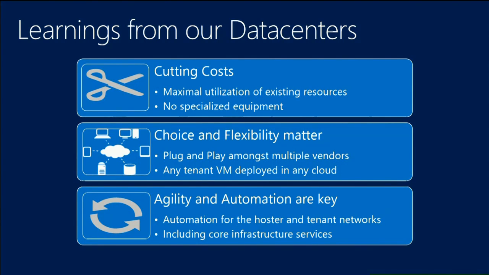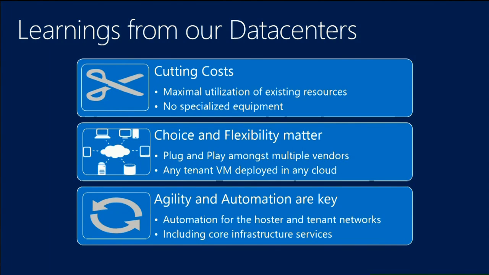And flexibility, so that you have the choice in deploying workloads in the way it makes sense to you. If you want a deployment where you have a web front end hosted in a public cloud, but your data you want to keep secured within your on-premise private cloud, we want to make sure that that capability exists to make that happen.